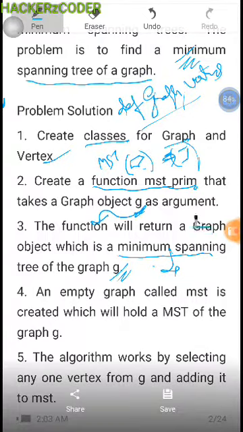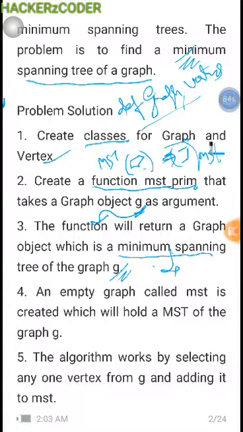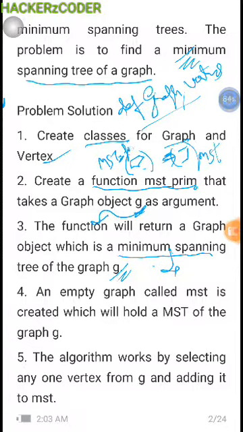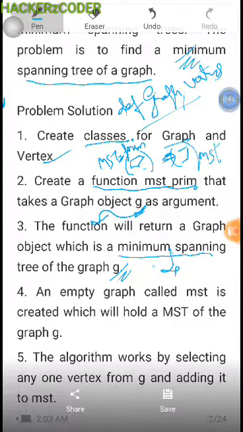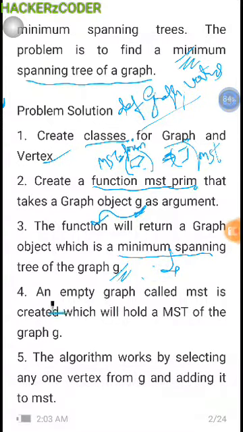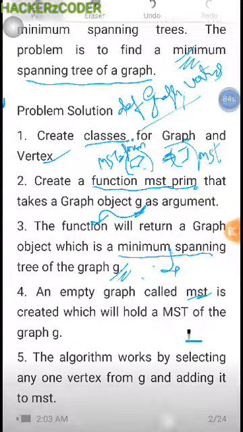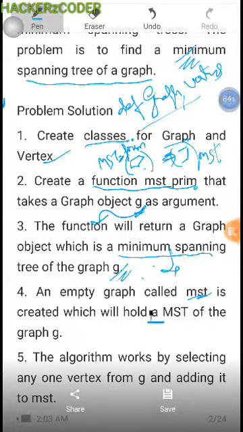This step-by-step building is called mst, as you see over here in mst_prim. Next, an empty graph called mst, like we see here, is created, which will hold an MST of the graph G.